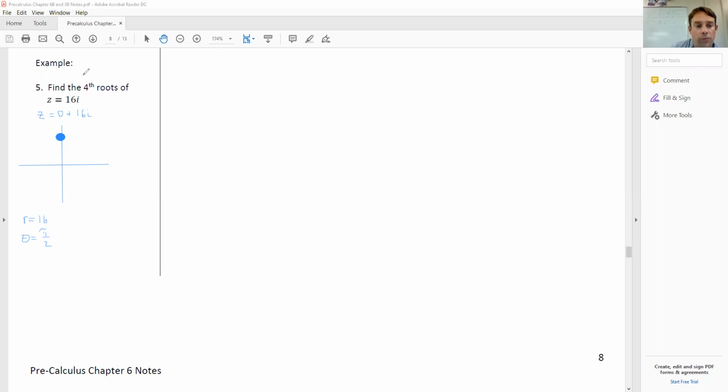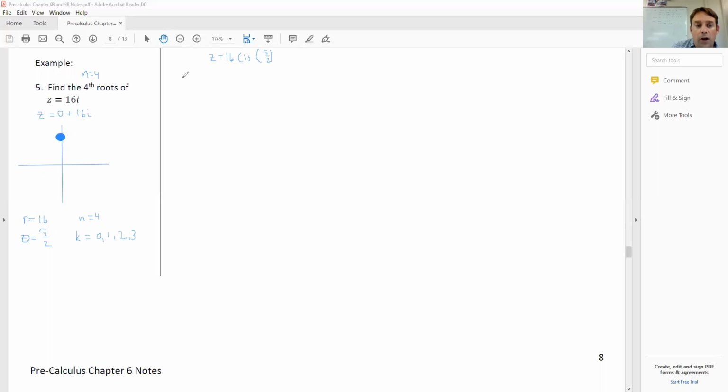And since I'm looking for the fourth roots, that means n is 4. So if n is 4, that means k is going to be every number from 0 up to 4 minus 1, so 0, 1, 2, and 3. And we'll be able to figure out the fourth roots of it. So we're dealing with z equals 16 cis pi over 2.